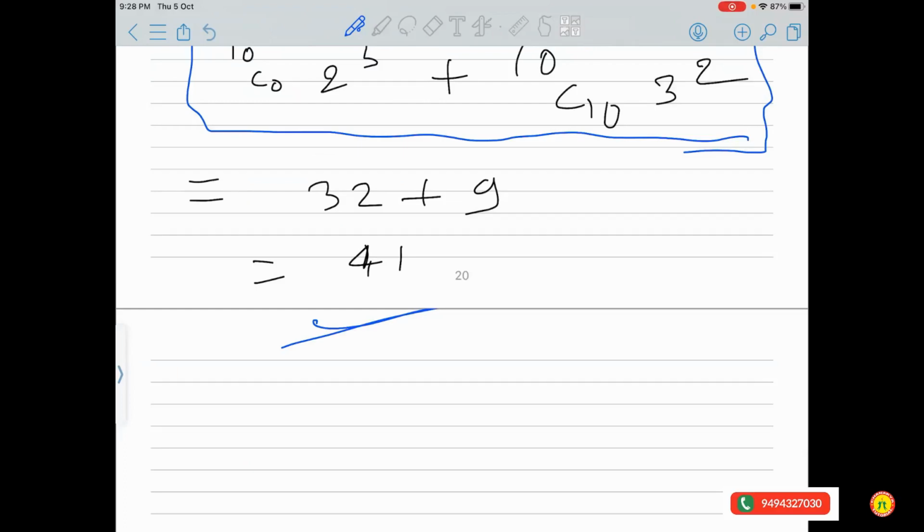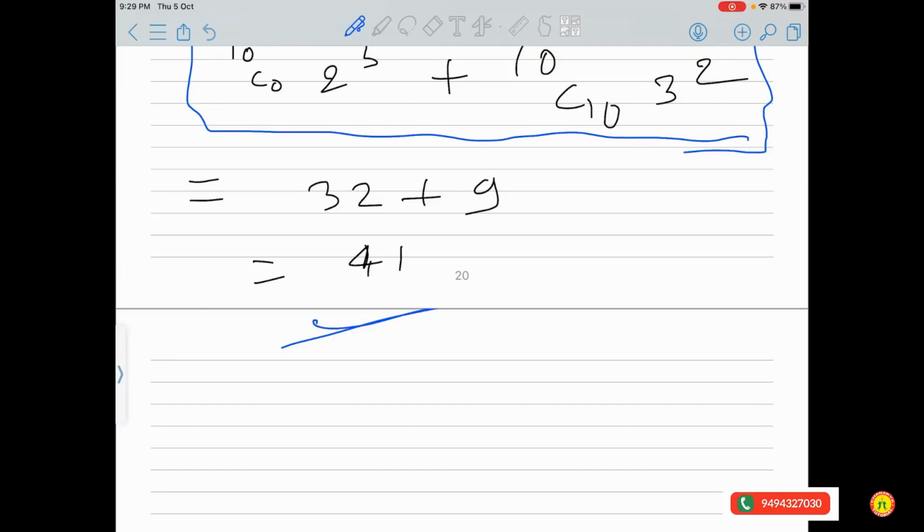Next class I will discuss the remainder theorem and the last digit in expansions like 3 power 100, 3 power 400.